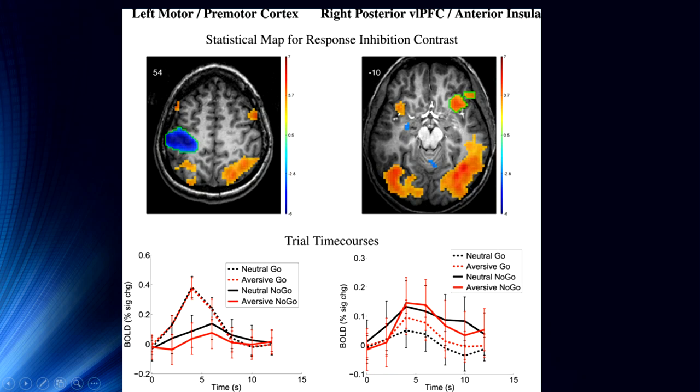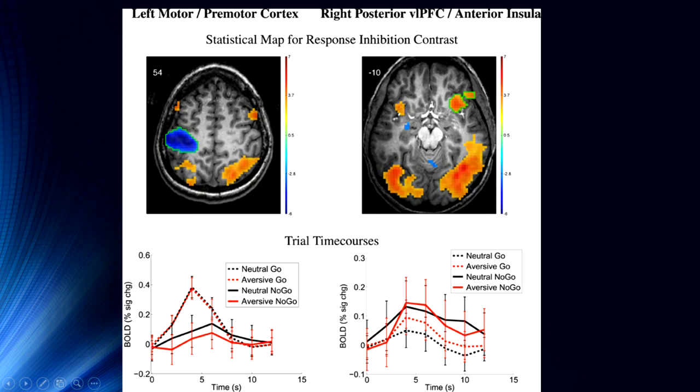Let's see, response inhibition contrast. Sorry, this is comparing go versus no-go trials. What's interesting about these is they're able to show increases in activity and decreases in activity. And so we see a reduction in activity in one area, and then you can see the change in that BOLD signal over time, that is the number of seconds.